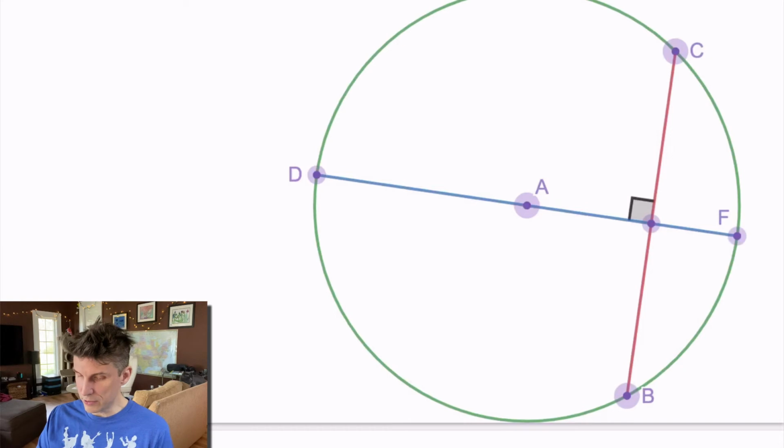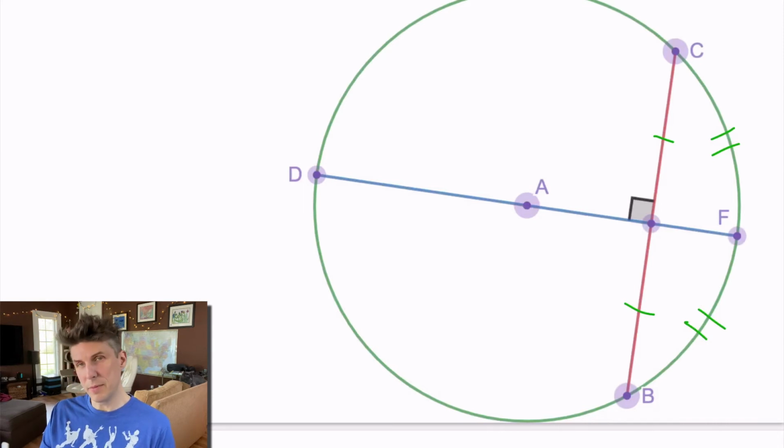So now I'm allowed to just mark these two chords as congruent. And it turns out also that the arc CB is now cut in half as well by that diameter. Which is kind of helpful. That's kind of an interesting thing.